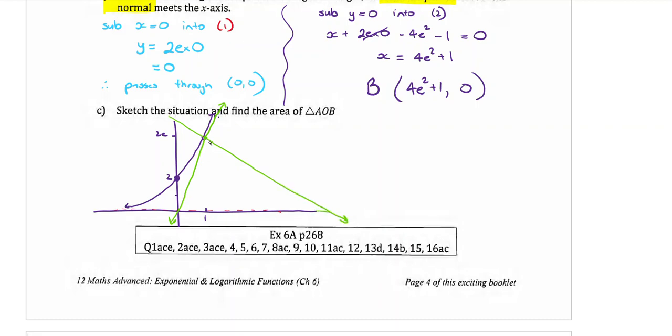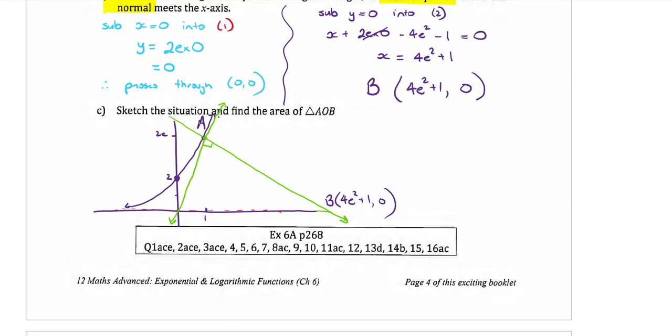Okay, so that should be a right angle because tangent and normal meet at right angles. And this is meeting down here at the point B, which was 4e squared plus 1, comma 0. And that green triangle, A was the original point up there. O stands for the origin, so there's my A, O, B.